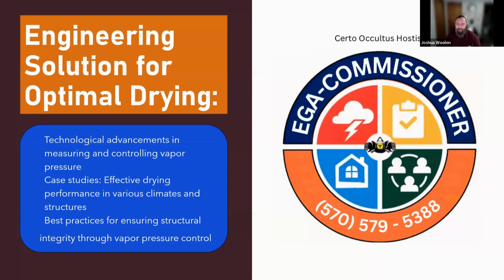So you already have an asset to your services, right? And there's no sense that you don't bring it in and use it to your leverage. Now, one of the latest advancements in drying equipment and technology is the relationship to managing vapor pressure.